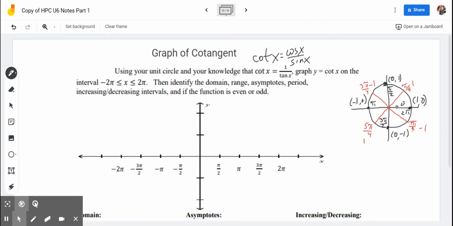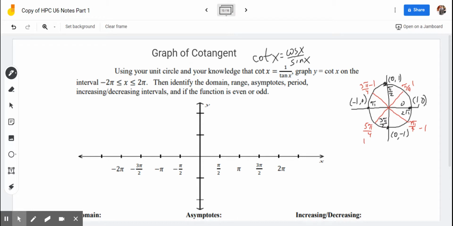All right, so I sketched the unit circle values, right? So if we recall, at 0, pi over 2, pi, 3 pi over 2, and 2 pi, those are where we lie on either the x or y axis here. So let's reconstruct it for cotan.